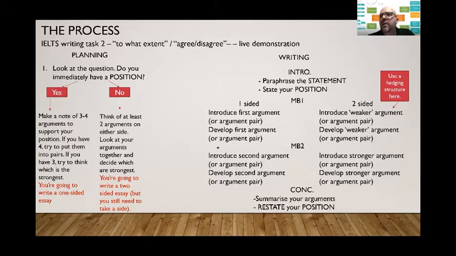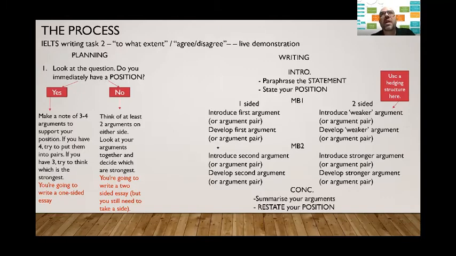As usual for IELTS, it's 40 minutes for writing the task 2. You want to get into the habit of being able to do the actual writing itself in about 30 minutes. So 5 good minutes planning, getting your ideas clear before you start writing. It makes it so much easier to do that writing efficiently, effectively, and accurately in that time.